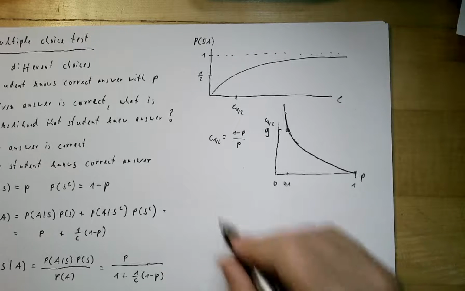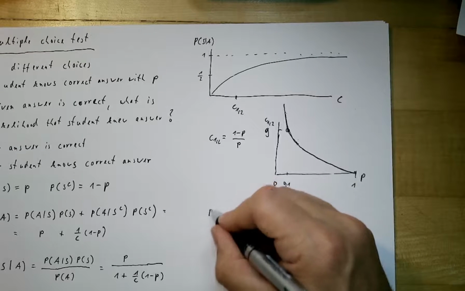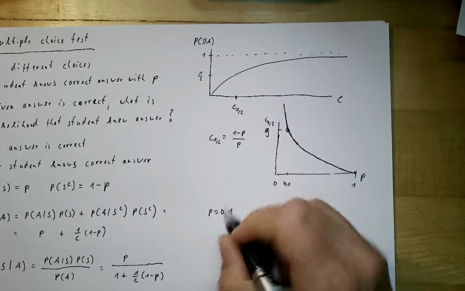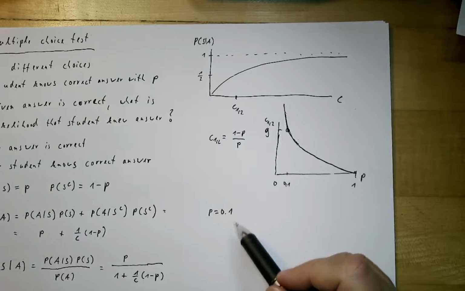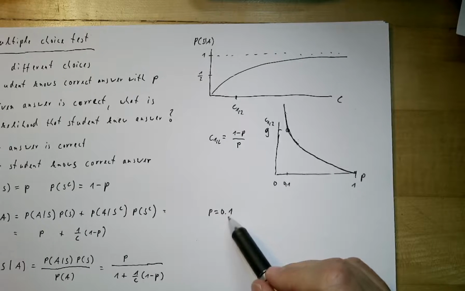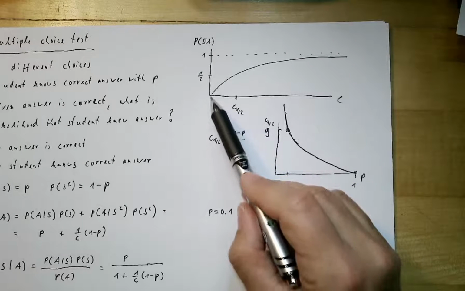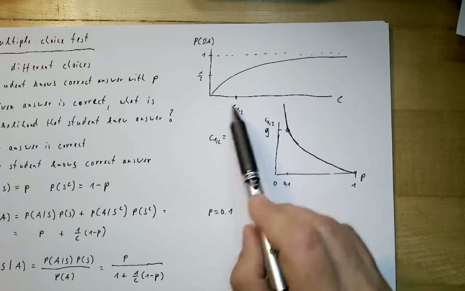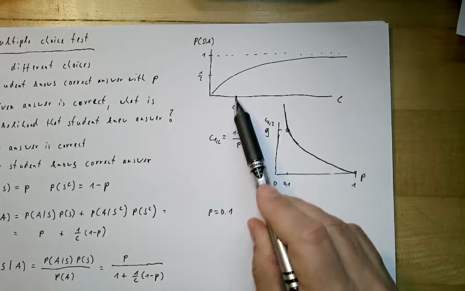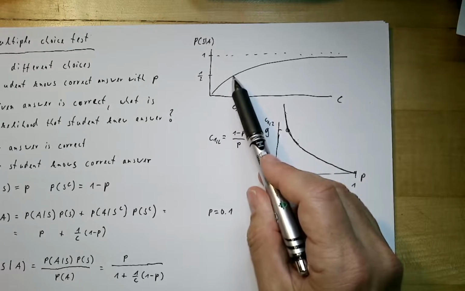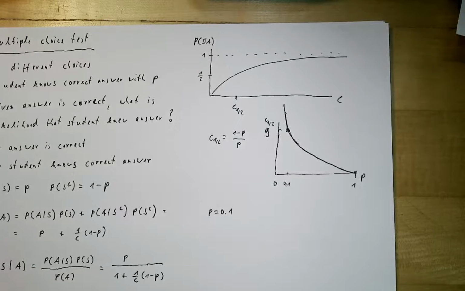This means if, for example, P equals 0.1, if I think that the probability that the student knows the correct answer is 10%, then with a number of 9 choices, we have here 50% probability.